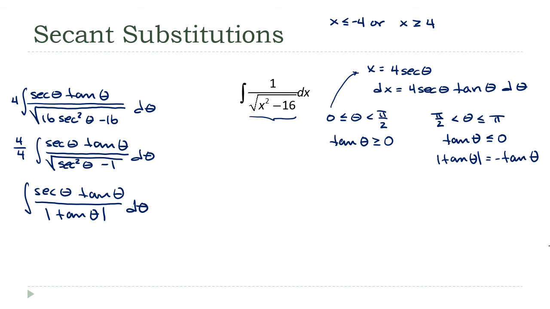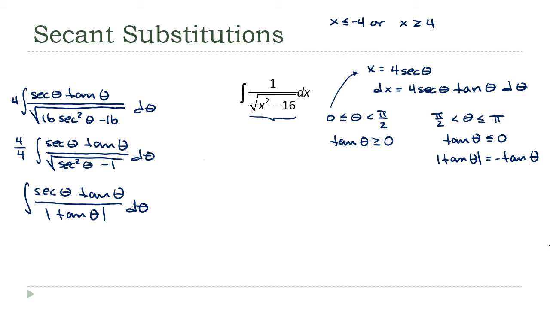So what I'm going to have to do is two integrals here. I'm going to have one for theta between 0 and pi over 2, and another one for theta between pi over 2 and pi.